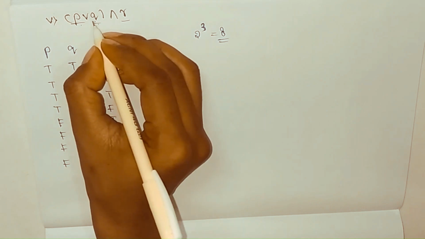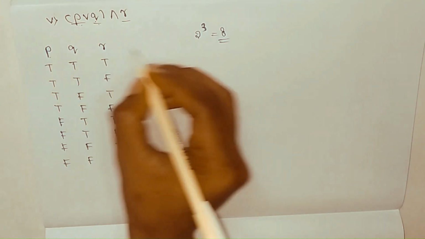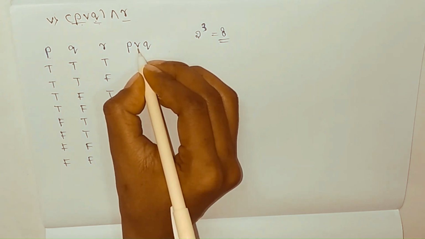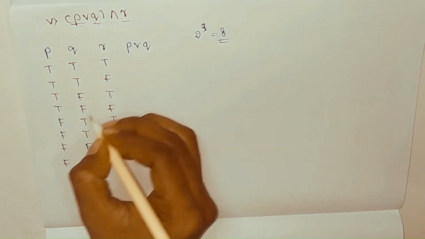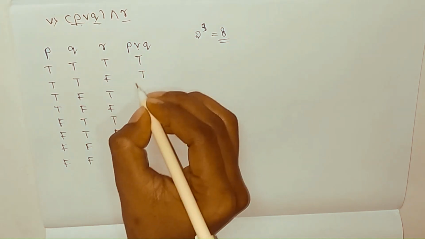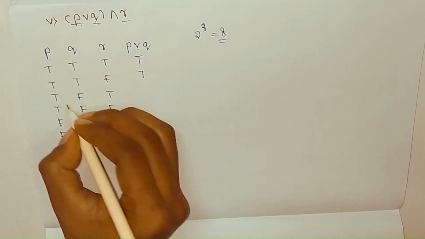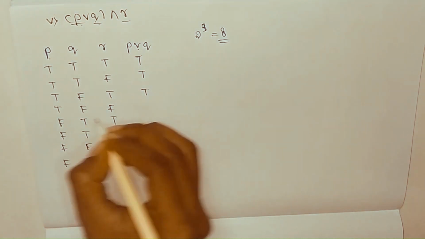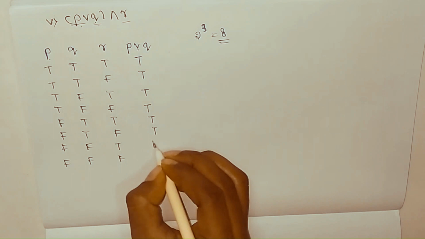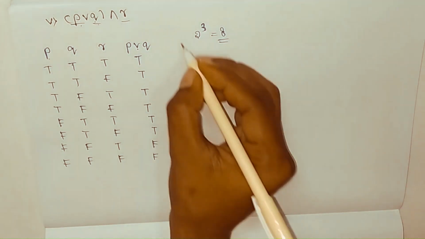Here we are applying OR operation to P and Q. So P or Q. OR operation is nothing but if anyone is true, then it returns true. See P and Q. So if anyone is true, then it returns true. If both are false, it returns false.